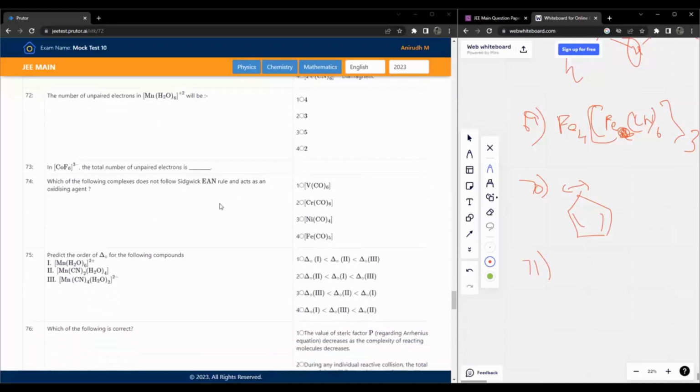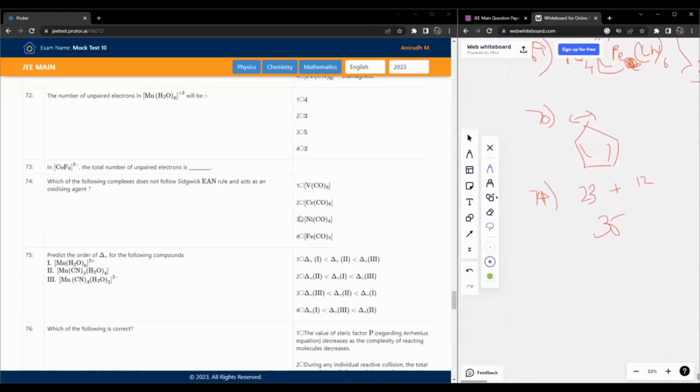Sidgwick EAN rule, and still is an oxidizing agent, right? For 74, V(CO)6 is basically 23 electrons plus 6 times 2, that's 12. So you have 35, right?